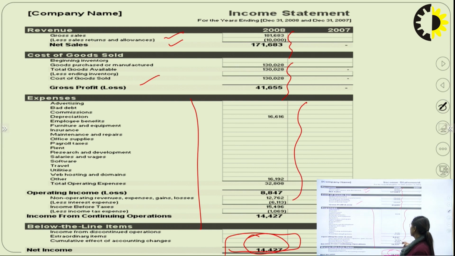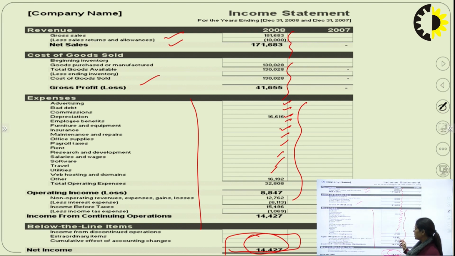Then we have to put out all the expense values, like how many expenses were incurred by the company, for example in advertising, bad debt, commission, depreciation, furniture, fixtures, insurance, maintenance, office supplies, payroll, software. How much amount you have spent, we calculate all the expended amount.